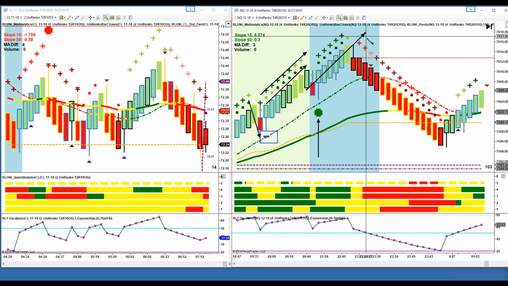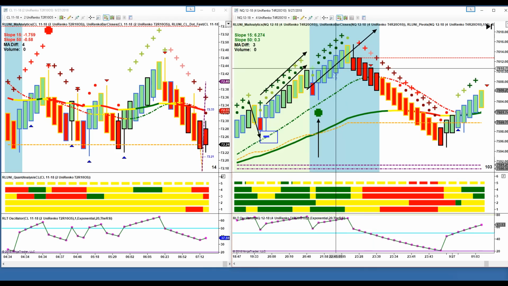Why? Because when you're light blue, you're above the 50, price is above the 15 and above the 50, and above the 15 on both higher time frames. So in order to take a short, you've got to break 1 ton of support. You need to get a counter trend, a successful reversal in direction.